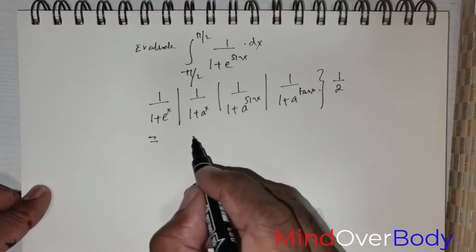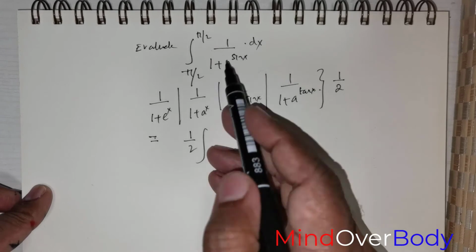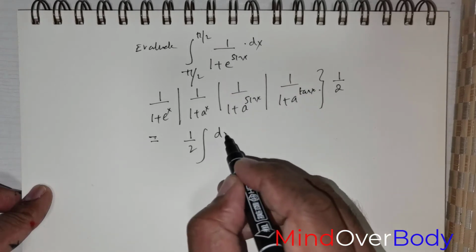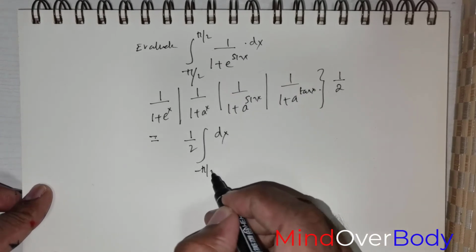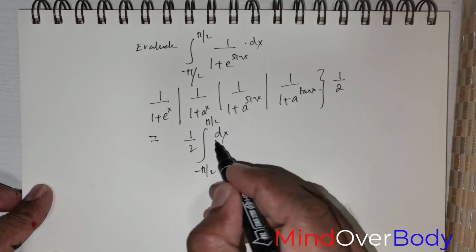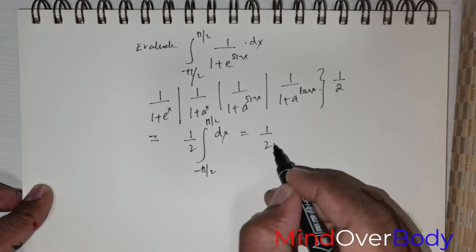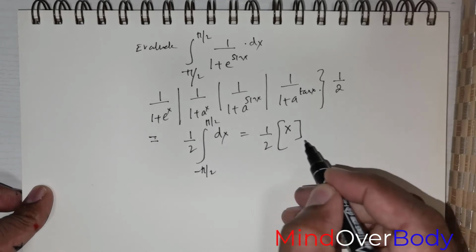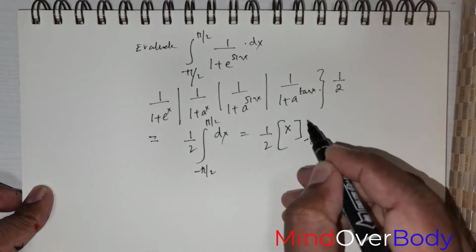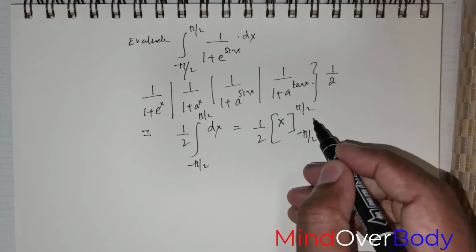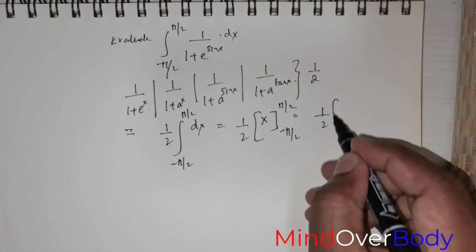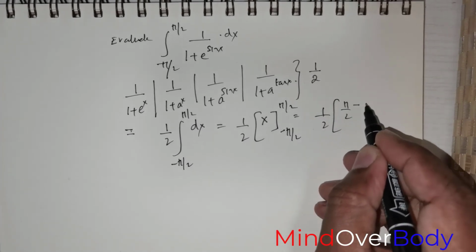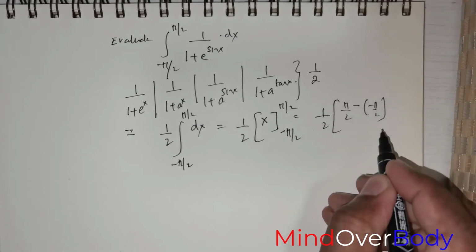So I'm going to rewrite this as 1 over 2. I'm going to get rid of this. So all I have is integral negative pi over 2 to positive pi over 2 dx, which is equal to 1 over 2 times, I can integrate dx, which would give me x. The limits are negative pi over 2 to positive pi over 2. So this is going to give me 1 over 2 times pi over 2 minus negative pi over 2.